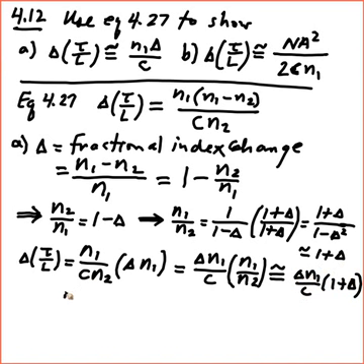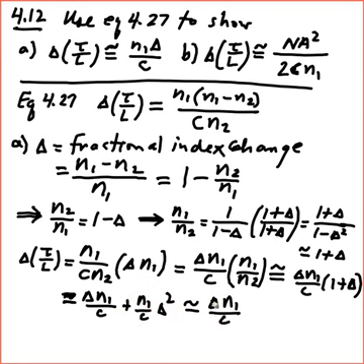So it is equal to delta n1 over c plus n1 over c delta squared. And here's where we make the approximation again. We ignore delta squared terms, and I get delta n1 over c. And that's part A.